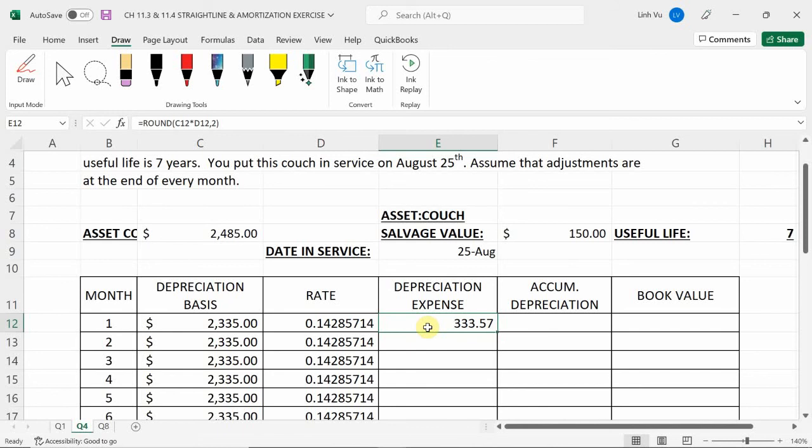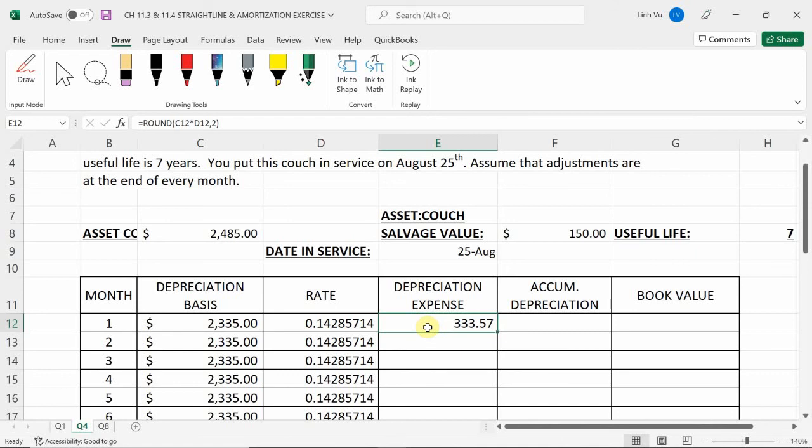Why is it half correct? Because you are on the right lines. We're not supposed to be depreciating for the whole entire year. When am I doing my adjustments at the end of? For the year, we do it at the end of December. Does it say I'm doing it for the end of the year? No. Oh, no, it said adjustment at the end of every month. Correct.